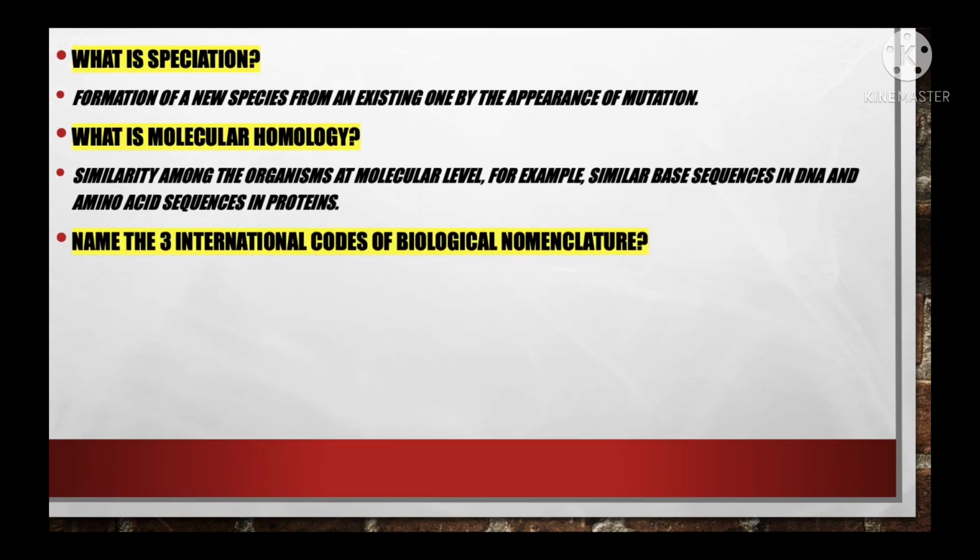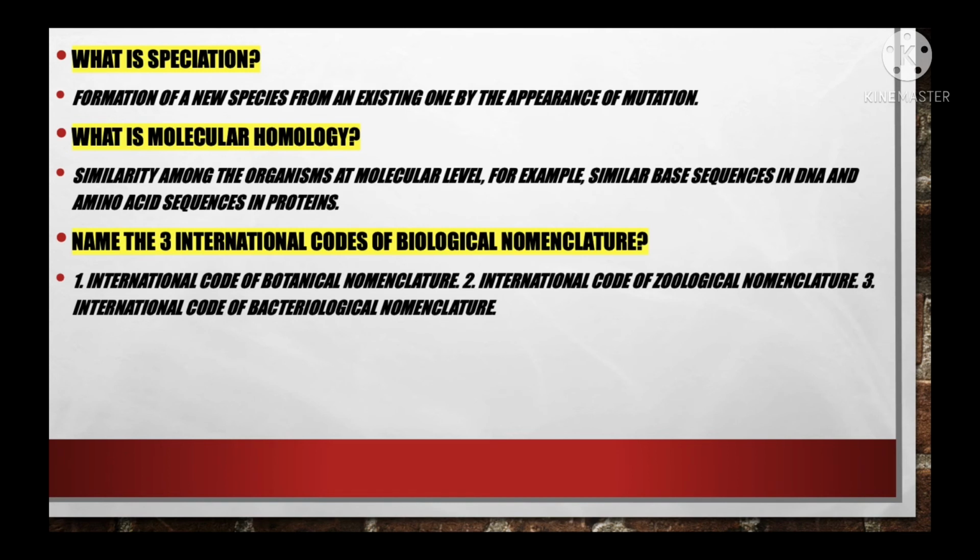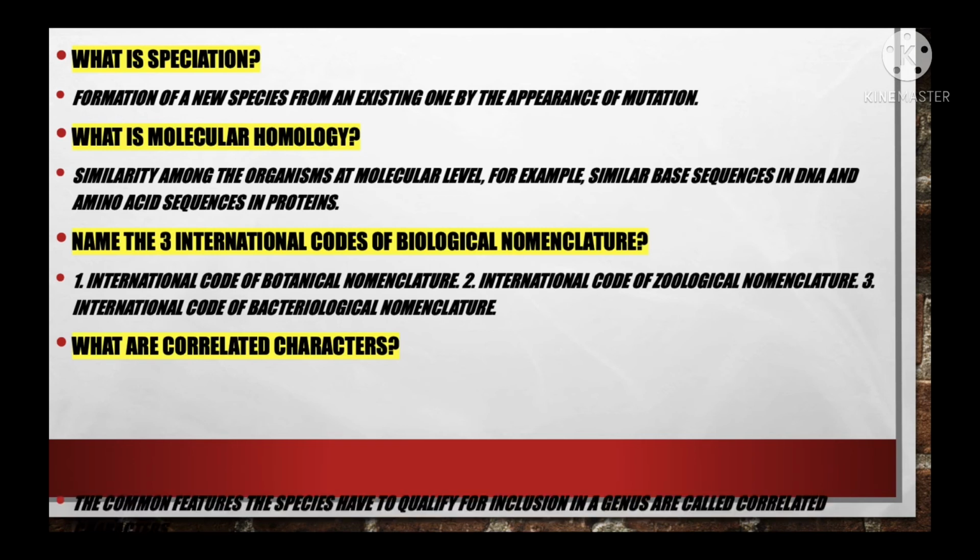Name the three international codes of biological nomenclature. So, the three international codes of biological nomenclature are the International Code of Botanical Nomenclature, the International Code of Zoological Nomenclature, and the International Code of Bacteriological Nomenclature. What are correlated characters?